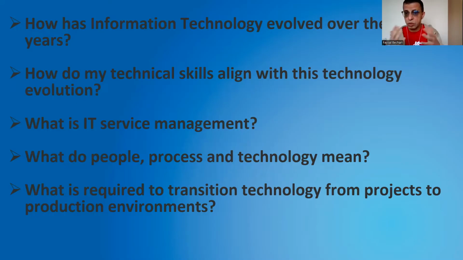For example, if you focus on HRMS, or on a certain product like Oracle or SAP. Also, we have explained what IT service management, or ITSM, is, and how it can best be done when people, process, and technology work together, and why we do that, and what is required to transition technology from project to production environment. We took one step backward to make sure everything is going fine.